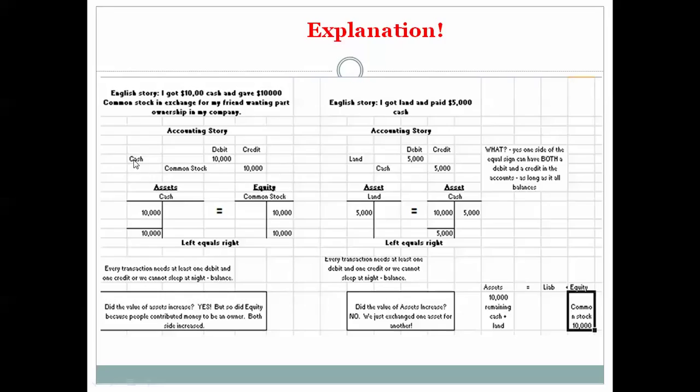Notice I've got the debit word to the left, the credit word to the right, so that I can determine by just looking at the placement that I've got a debit and a credit. If they're all lined up, even though they're debits and credits, you can't tell by that placement of the words. So English story, got $10,000 cash, gave 10,000. Placement of the words, placement of the numbers tells the story in accounting that I just said in English.